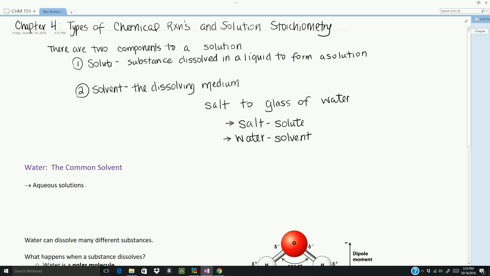So aqueous solutions are how we refer to solutions in which water is the solvent.